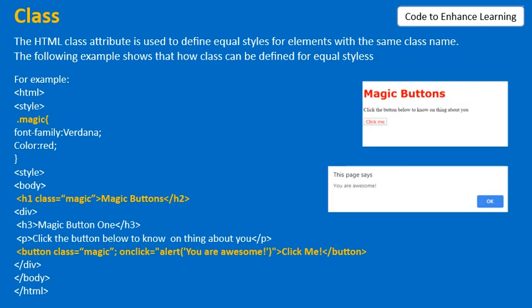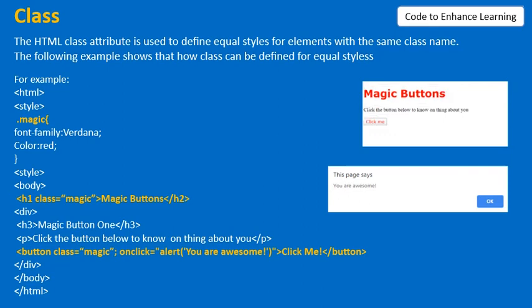Here, as you can see, the class magic is added to the button tag and also to the h1 tag. Now to style a class in the internal style sheet, we write full stop or a dot followed by a class name. Then add the curly braces and add style. Like here, the color is set to red. Now both our button tag and the heading tag will be in red in color.